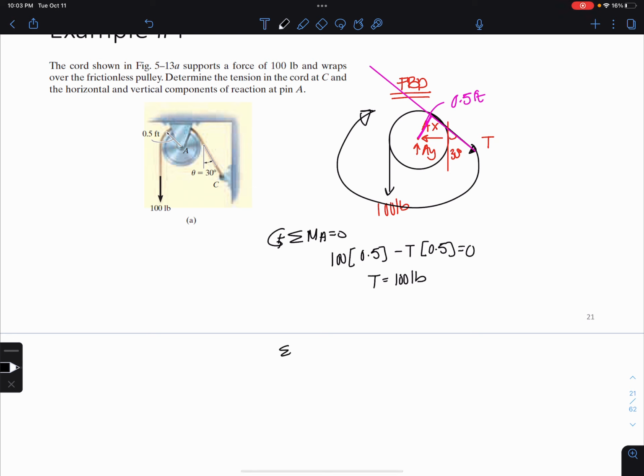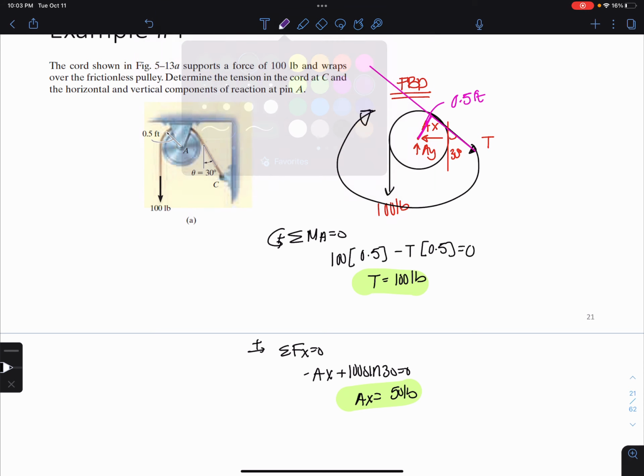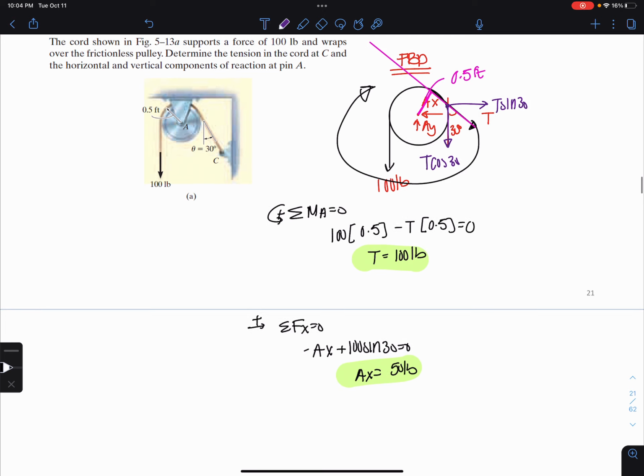I'm going to also sum forces in the x direction. Right is positive. I get negative Ax plus 100 sine 30, Ax equals 50 pounds. The 100 sine 30 is the x component of force T. Okay.